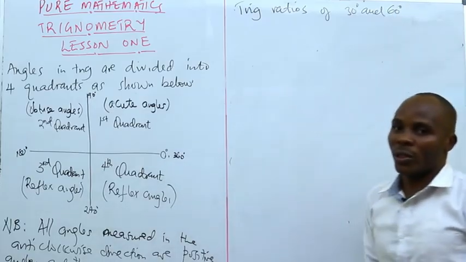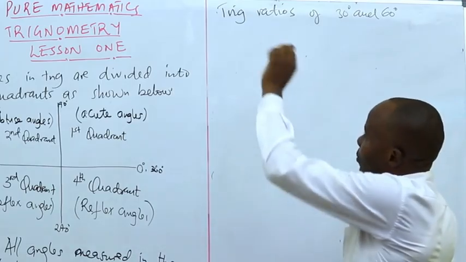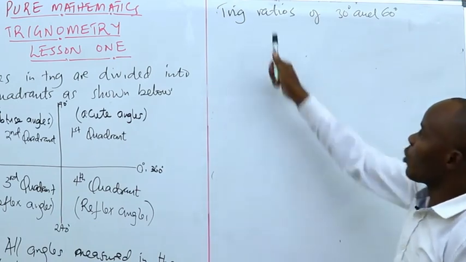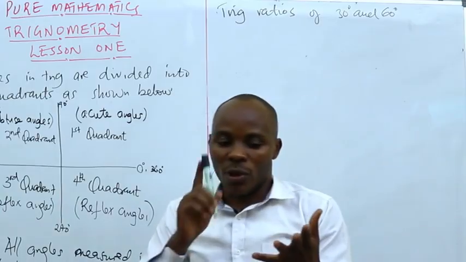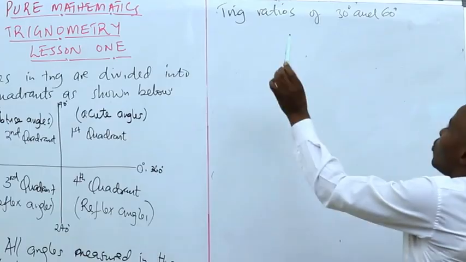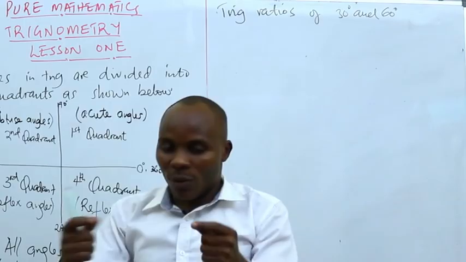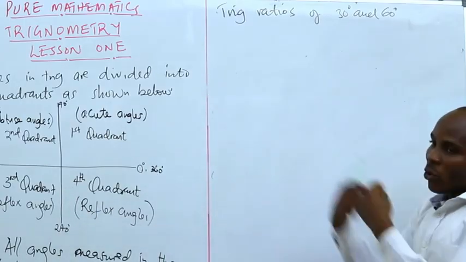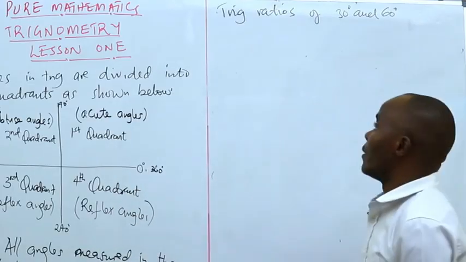One thing I want to mention here is, I've said trig is the short form of trigonometry. We have just looked at the trig ratios. We have discovered we have sine, cosine, and tan. So when I talk of the trig ratio of 30 and 60, I'm referring to the sine of 60, cos of 60, and tan of 60, and so is the 30.